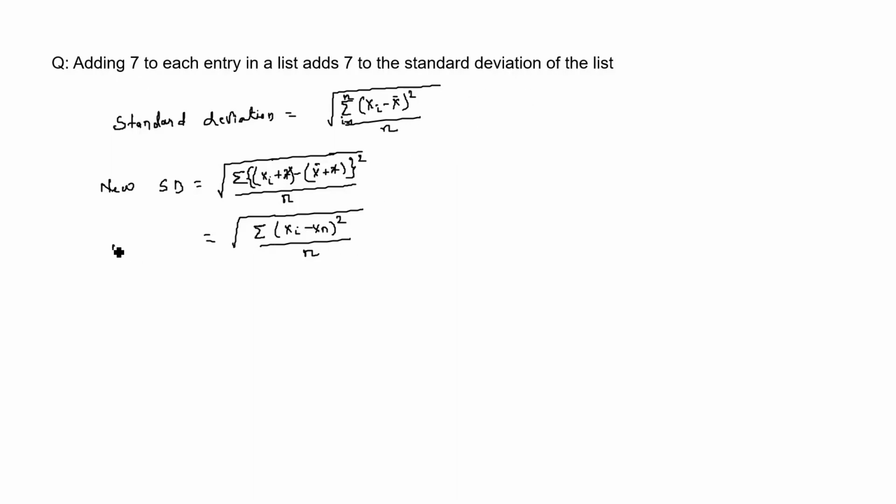The new standard deviation is the same as earlier. The statement says adding 7 adds 7 to the standard deviation. No, the standard deviation remains unchanged. So this statement is incorrect.